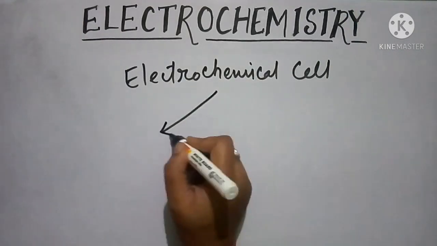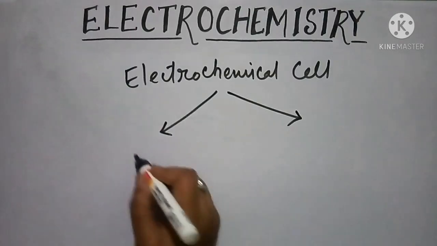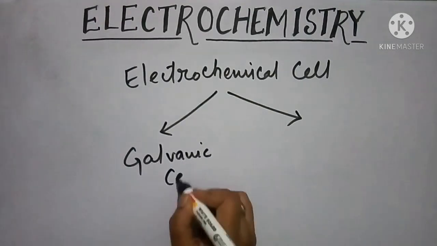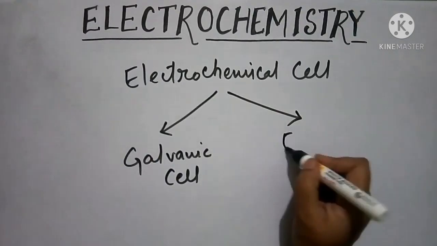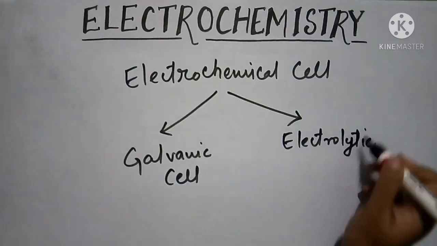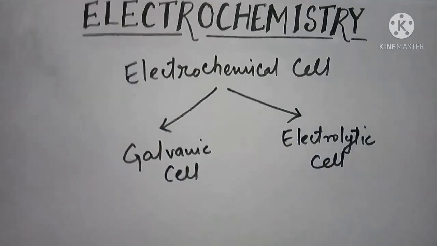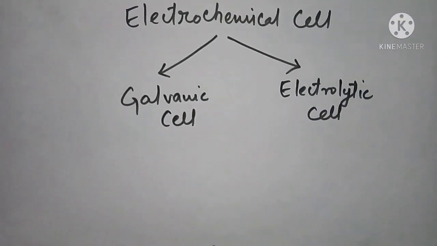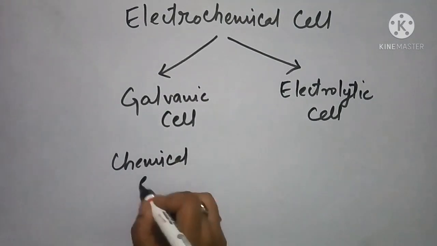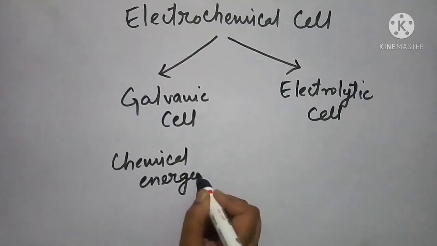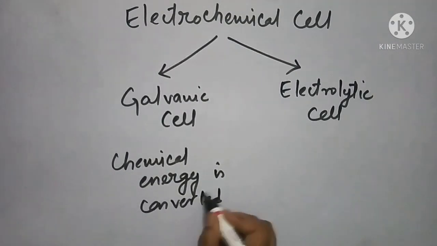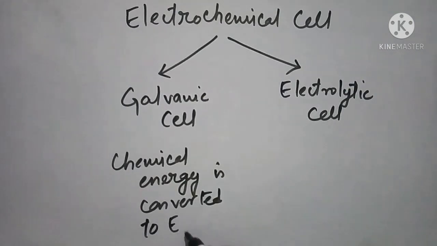One is the galvanic cell, and the other is the electrolytic cell. In the galvanic cell, the chemical energy is converted to electrical energy.